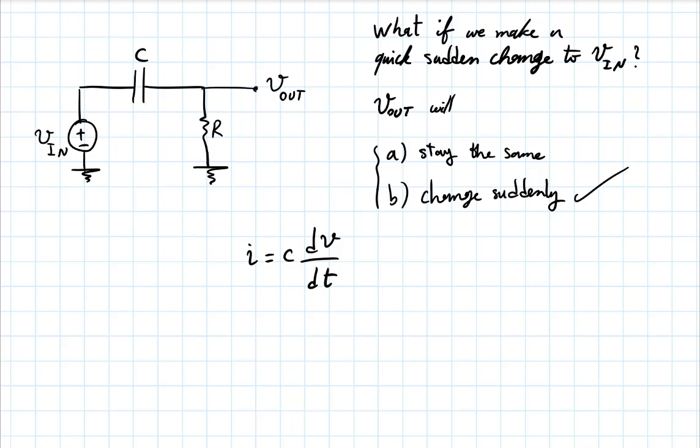A capacitor does not like a sudden change of voltage across its two nodes. Which means then, if you suddenly raise this, the other side will also rise suddenly.